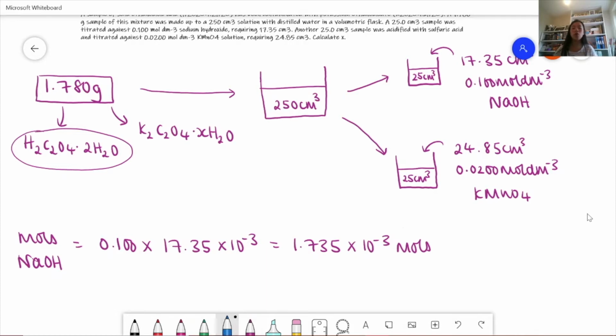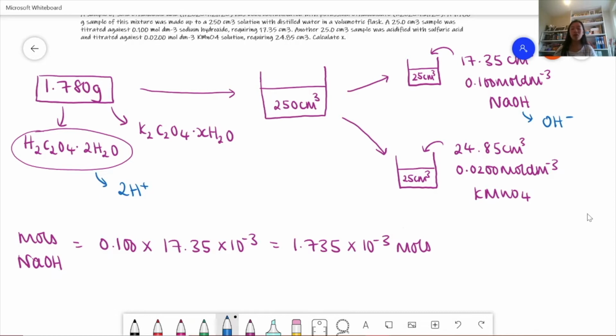And now we have to work out what ratio they react in. So the sodium hydroxide dissociates to give one OH minus ion, and this ethane dioic acid dissociates to give two H plus ions. And so that means that the reaction ratio is 1 to 2. So for every ethane dioic acid we have, we need to react it with 2 sodium hydroxides.